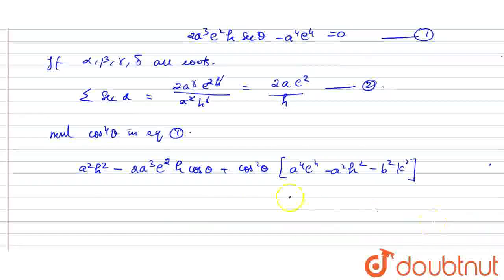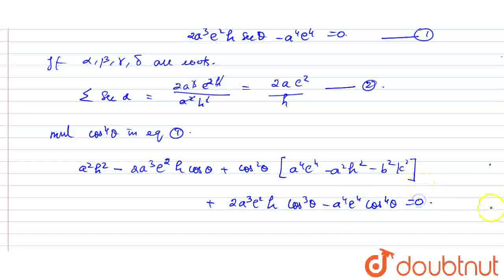Okay, students, plus 2a cube e square h into cos cube theta minus a power 4 e power 4 cos power 4 theta, which is equal to 0.